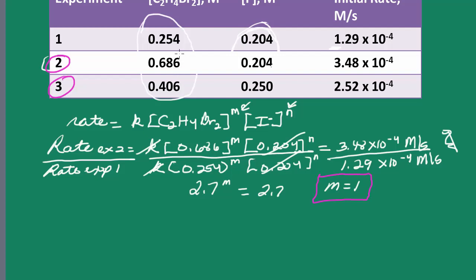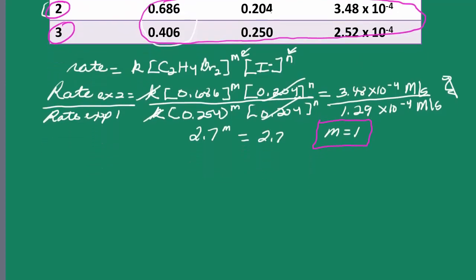So I'm just going to use this data here in order to determine the exponent. I'm going to divide the rate of experiment 2 by the rate of experiment 3. Again, that's because the initial rate is larger in experiment 2, and it just makes the math a lot easier.